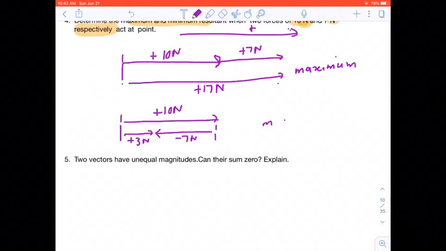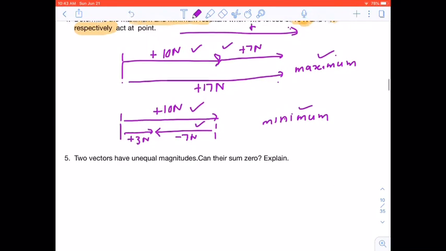So that would be a minimum. So when vectors are moving in the same direction, we get a maximum. When vectors are moving in opposite directions, we get a minimum. And if these two vectors had equal magnitude, then the resultant would have been 0.